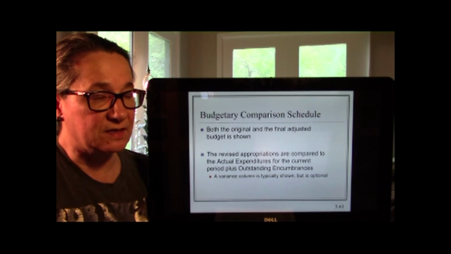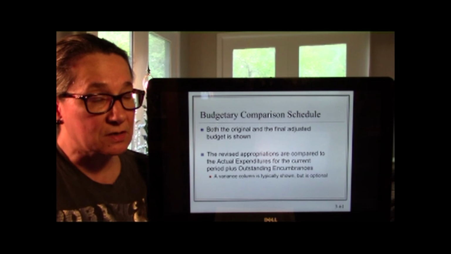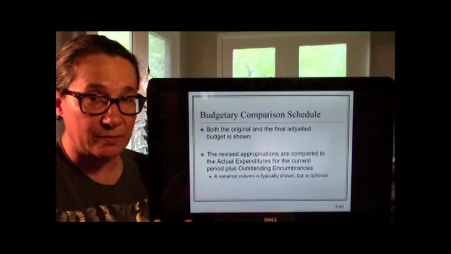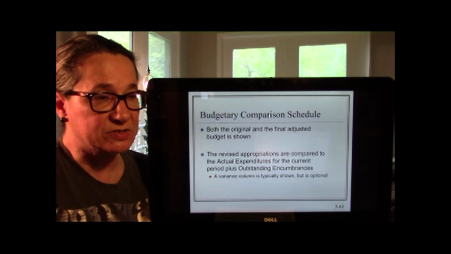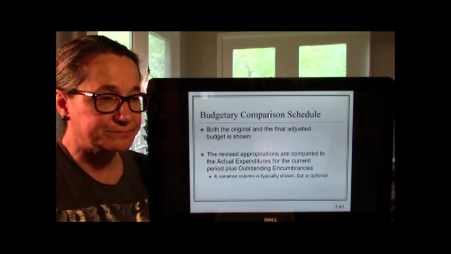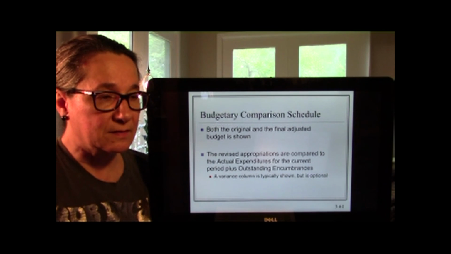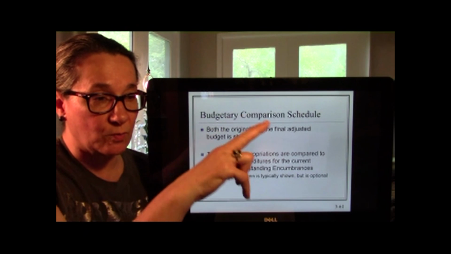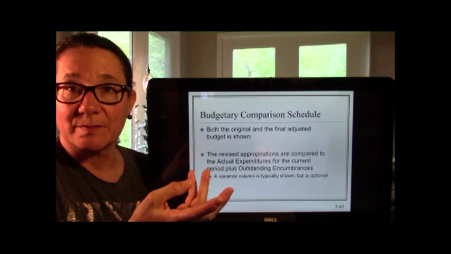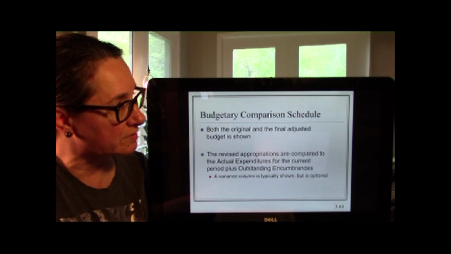At the end of the fiscal year, you will have as part of the report the original and final adjusted budget. Typically they'll show the differences, what we'd call a budget variance, but it's not required under GASB.